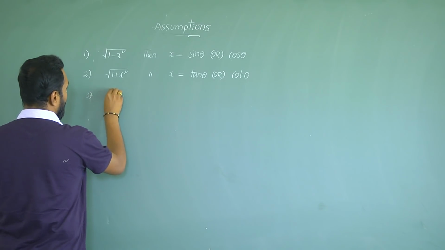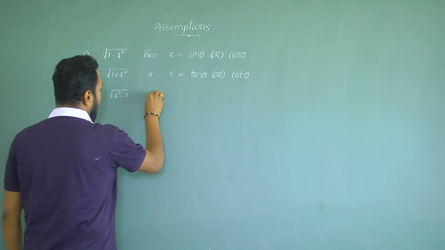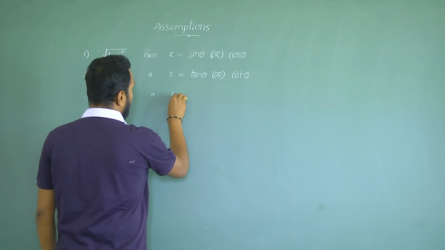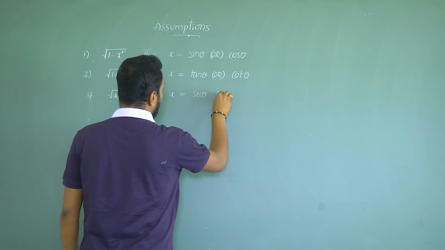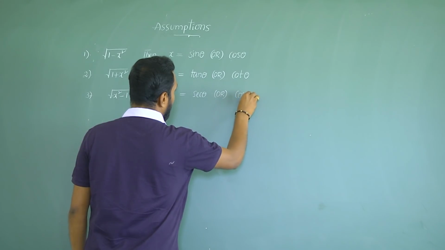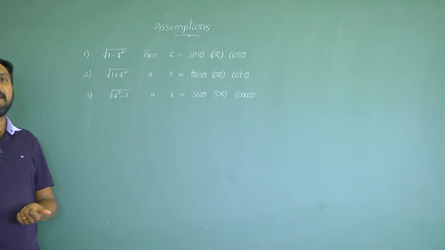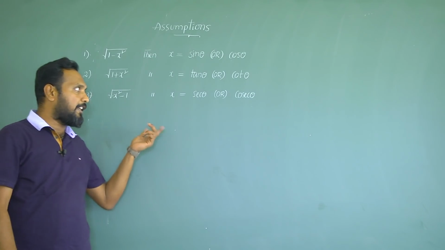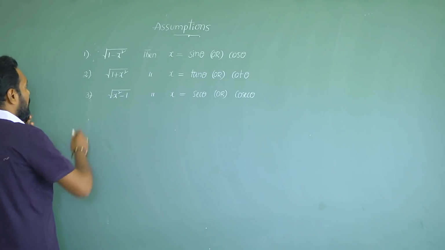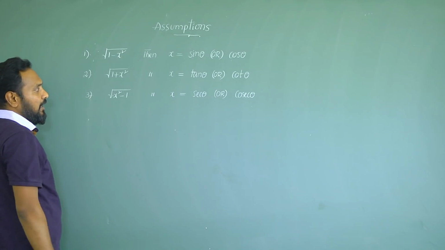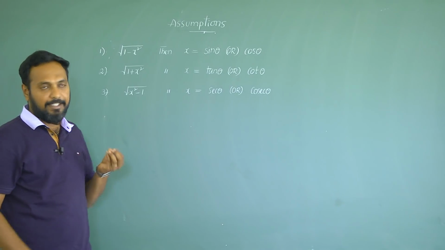Third one, square root of x square minus 1, then we need to assume x equals secant theta or cosecant theta. Secant square theta minus 1 is tan square theta, cosecant square theta minus 1 is cot square theta. So these three assumptions we can remember based on the trigonometric identities.